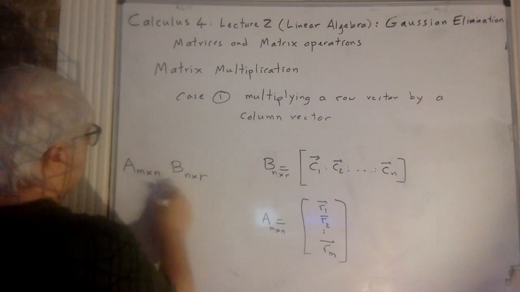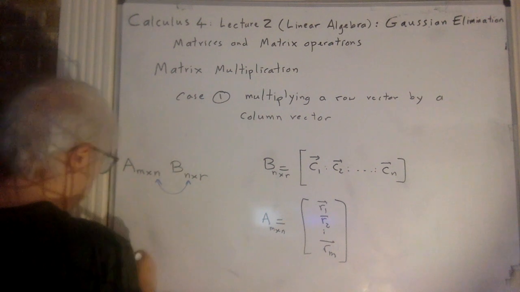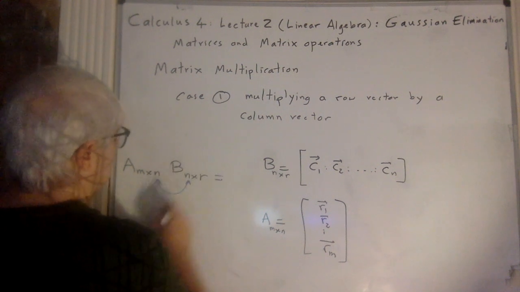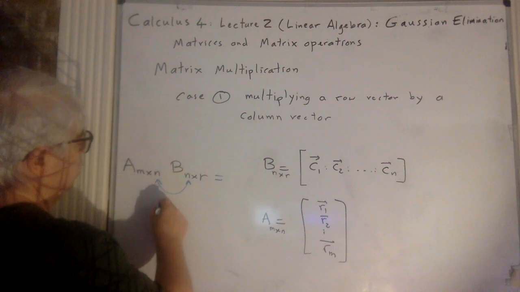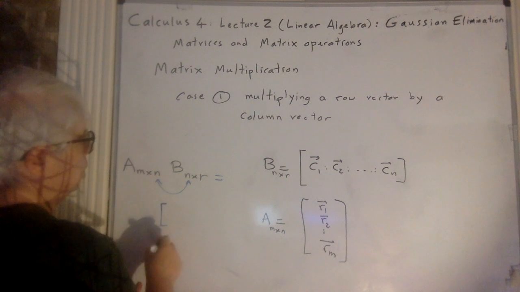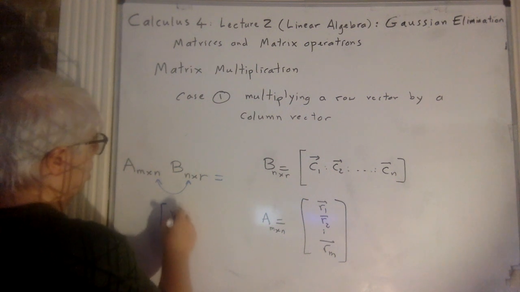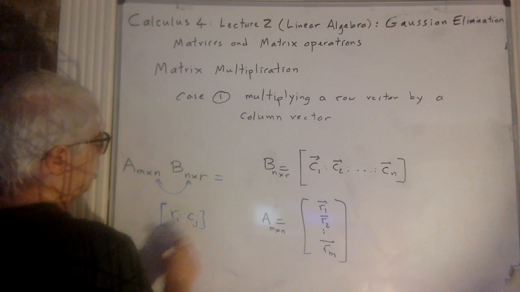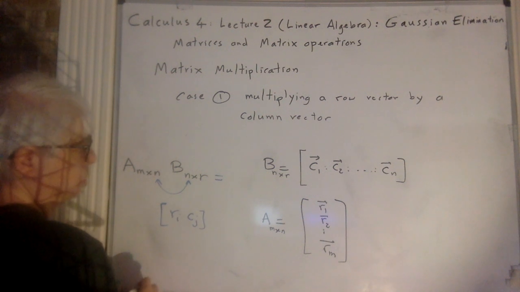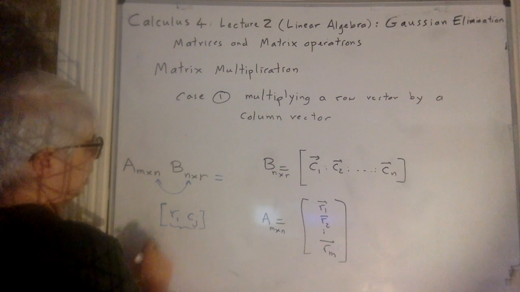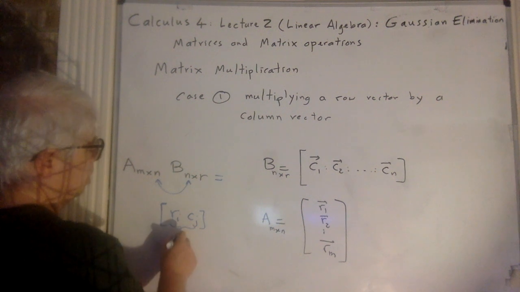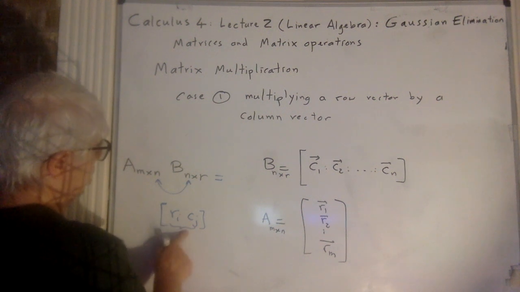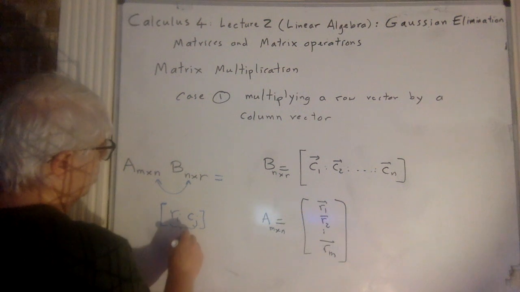And what happens in the end? Well, this is in fact very simple. It is row i times column j. So this is the Aij, or let's call it something else, say Dij.